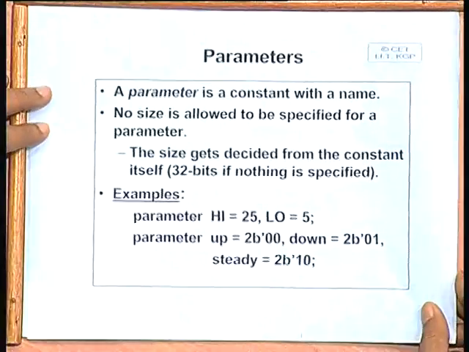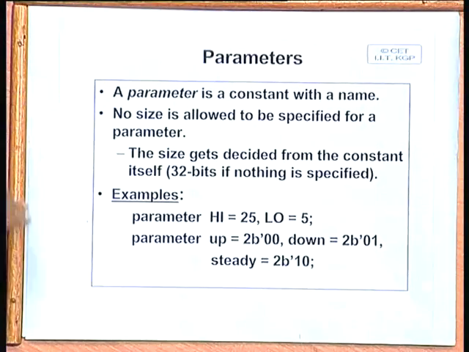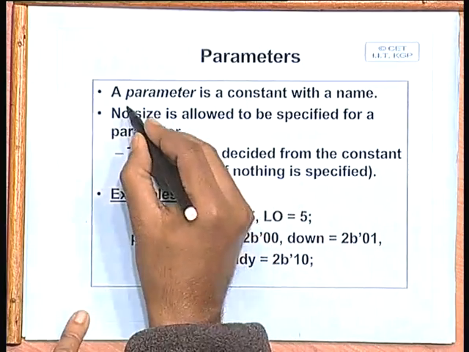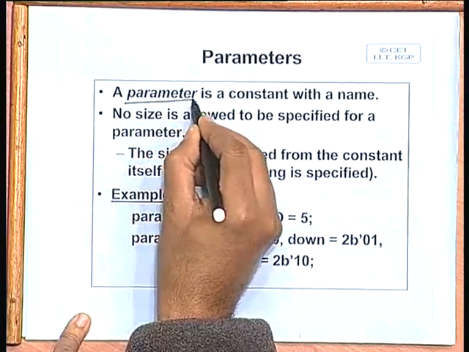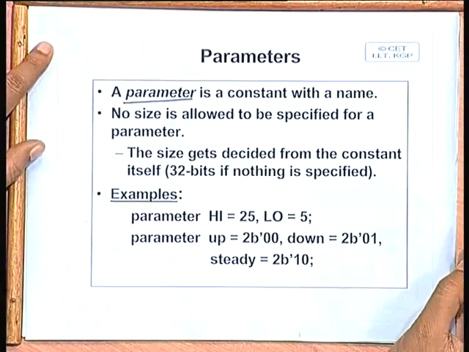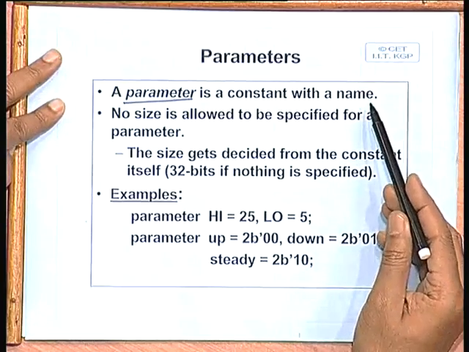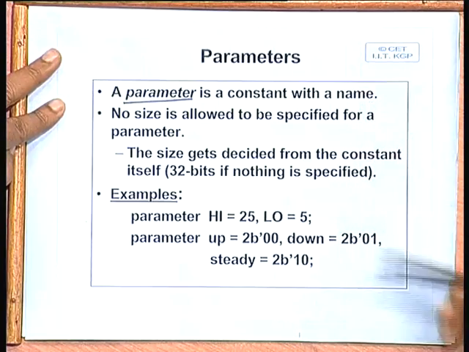So continuing from that point onward, today first we shall see how we can define a named constant, a constant with a name. In Verilog it is called a parameter. A parameter is a constant which can be defined against a name, and that name can be used in an expression.